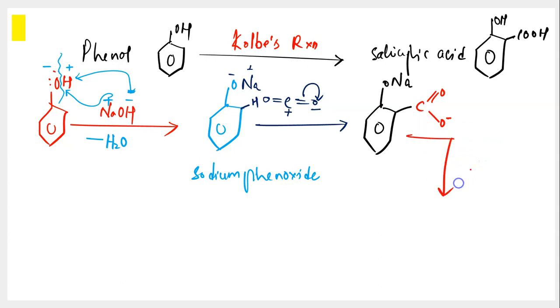So we need to stabilize it. And how do you stabilize it? By using H plus. And when you use H plus, two things happen. Point number one, H plus is nothing but acidulated water. You're using acidulated water over here to cause hydrolysis. Alright. So when you're using this acidulated water, the bond between oxygen and sodium breaks down, and this leads to formation of O minus and Na plus.